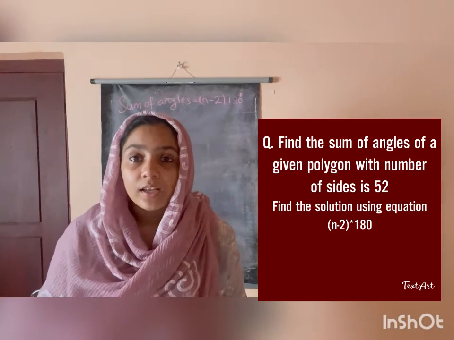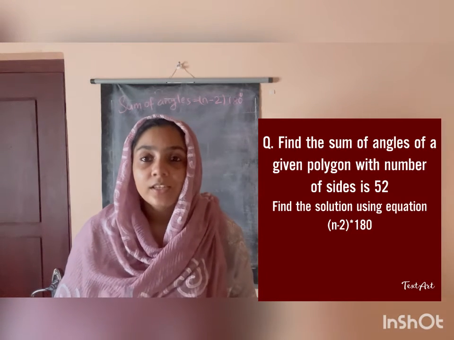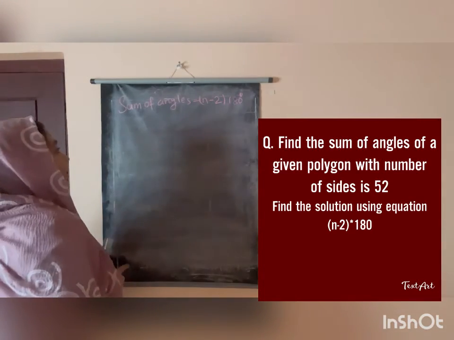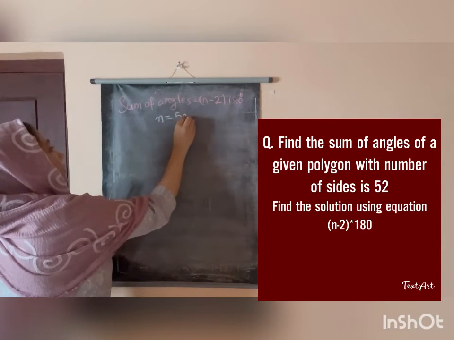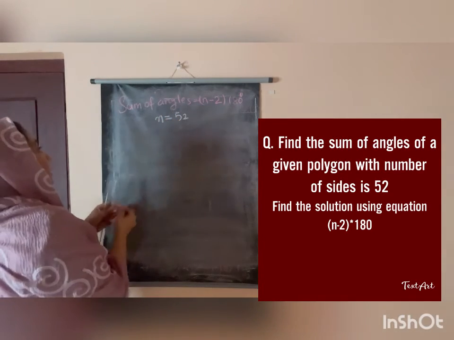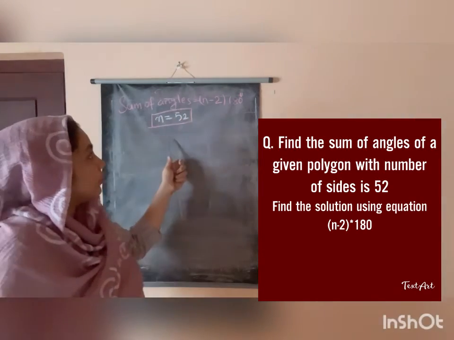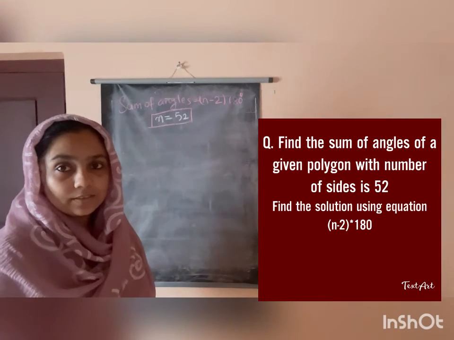Our question is, find the sum of angles of a polygon whose number of sides is 52. So, our n is 52. This is the given item. We need to put n is equal to 52 in this equation.